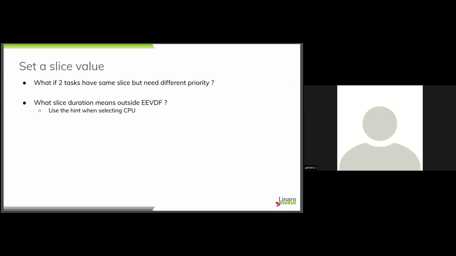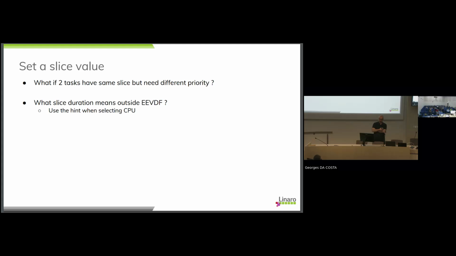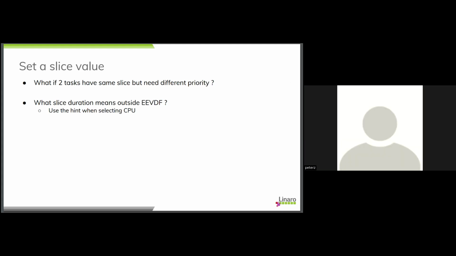The trivial example would be to track the minimum shared slice across all tasks on the run queue and then just use that. That works for every scheduling policy, even the trivial ones. And then, for example, if you only have long sliced tasks, you'll get long slices. EEVDF can just nicely mix the slice length.